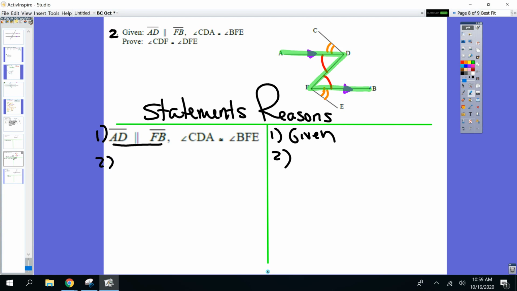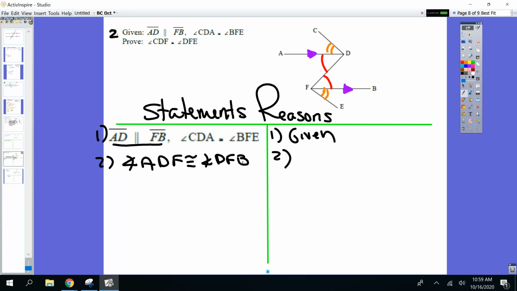The alternate interior angles is what the Z eats up. Very elementary schoolish, but if it helps you find alternate interior angles, so be it. All right. So yes, Quincy, good work. So I know angle ADF is congruent to angle DFB.